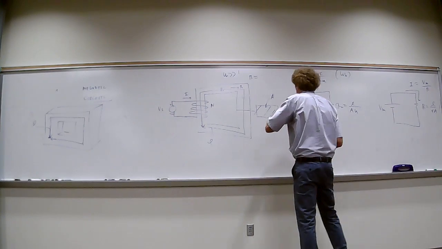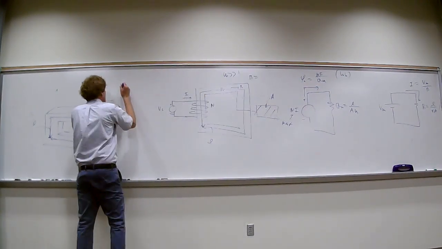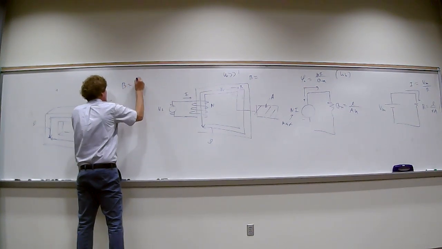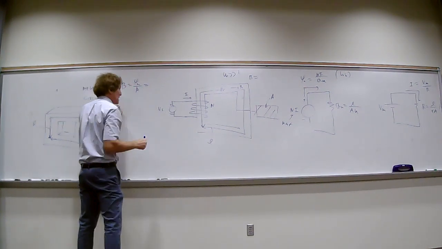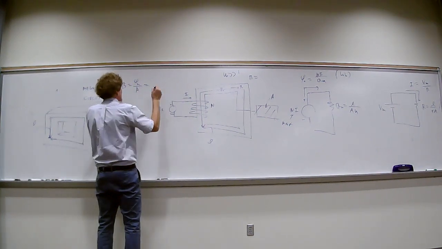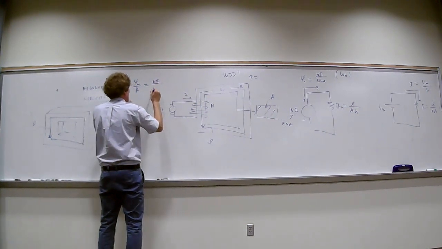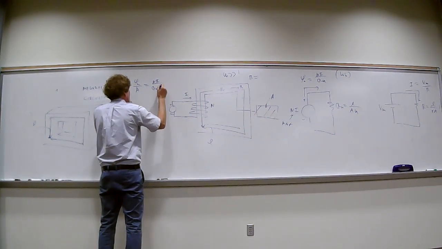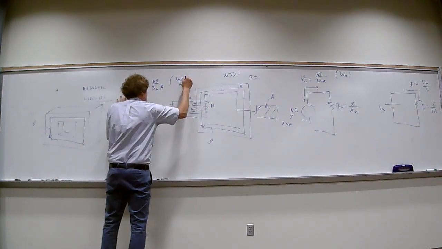So from here, we can get the B field. I'll put that here. The B field is the magnetic flux divided by the cross-sectional area, and I can leave it like that, or I could put Ni over the reluctance divided by the area. Now that would be in Webers per meter squared.